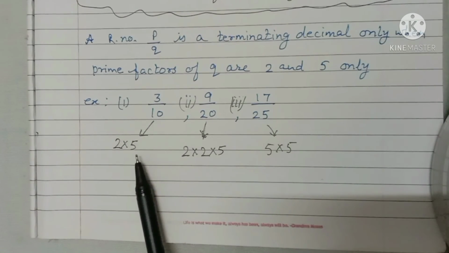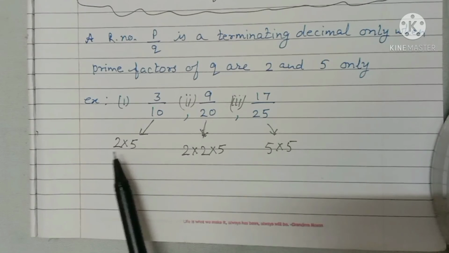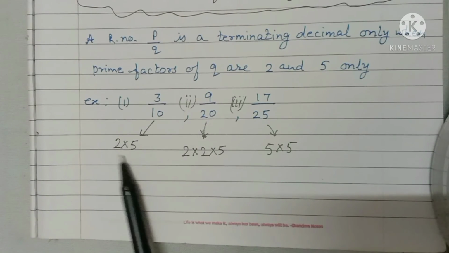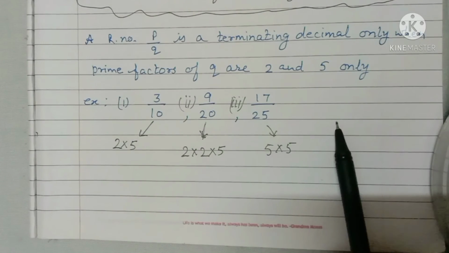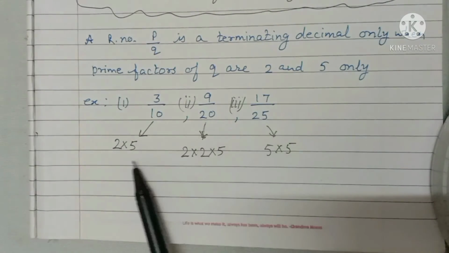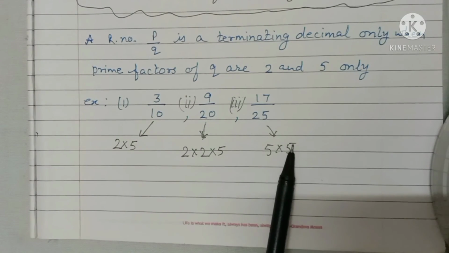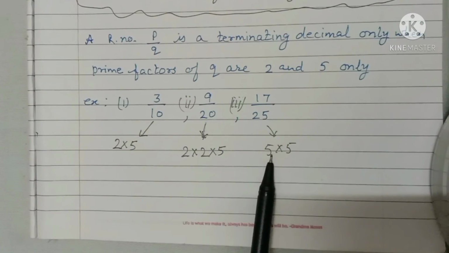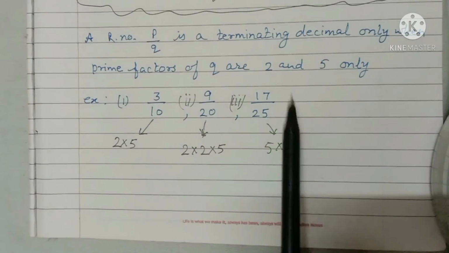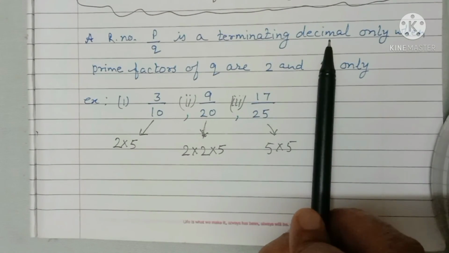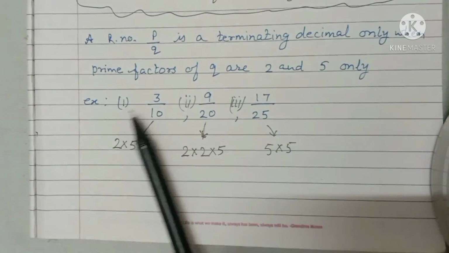Here you are watching that the only prime factors are 2 and 5, not others. Suppose 3, 7, 11: here no other prime factors except 2 and 5. Such types of rational numbers are called terminating decimal rational numbers.